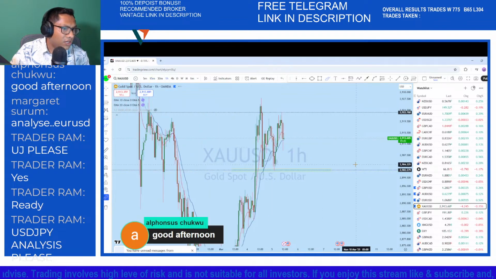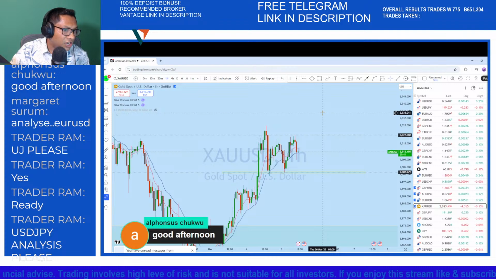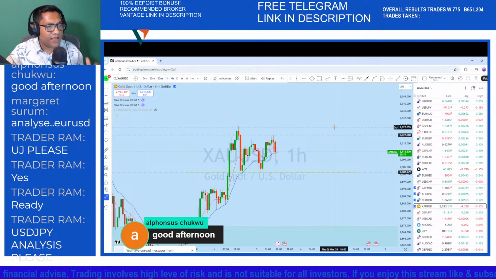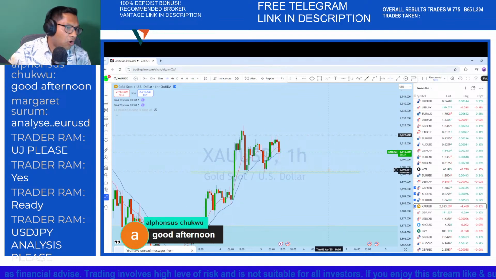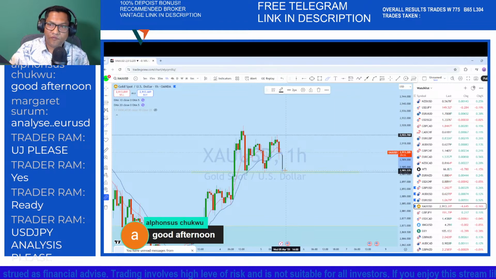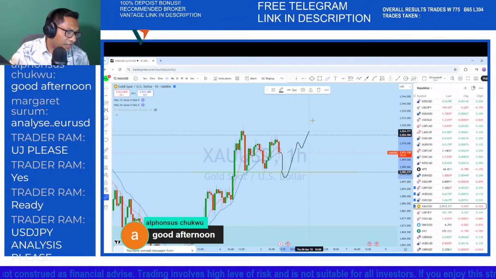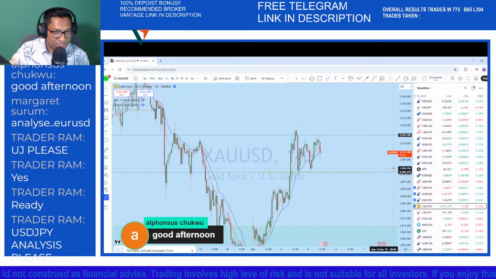Looking at the 1 hour chart again, this is the zone here, and we will be looking for the market to fill that zone, fill that long wick, then break from the structure and trend in the major direction.